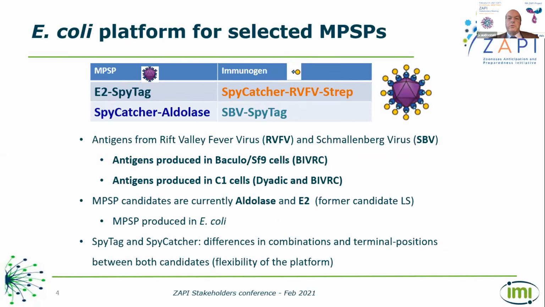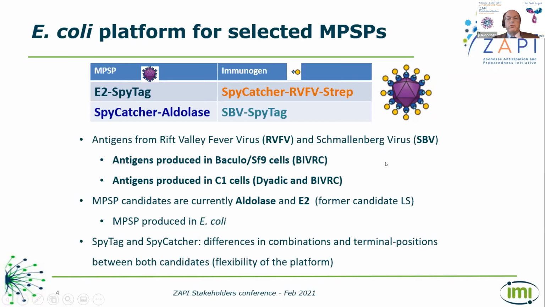We have described earlier with Alex that the two candidates that were selected for medium and large scale are the two combinations: the E2 SpyTag with the Rift Valley domain 7 fused to SpyCatcher, and the aldolase SpyCatcher with a different multimeric scaffold to be coupled with the Schmallenberg subunit fused with SpyTag.